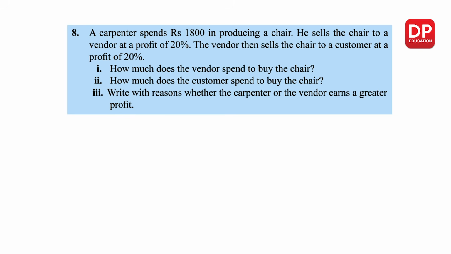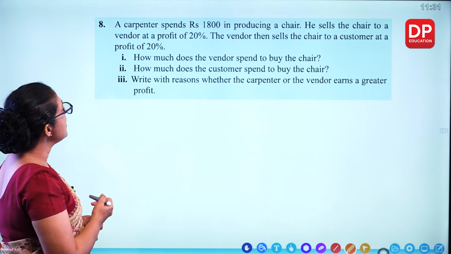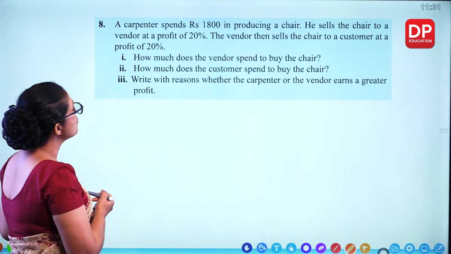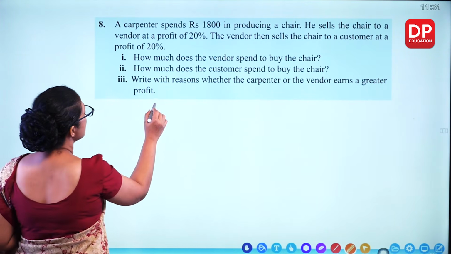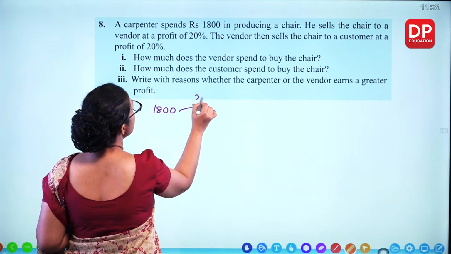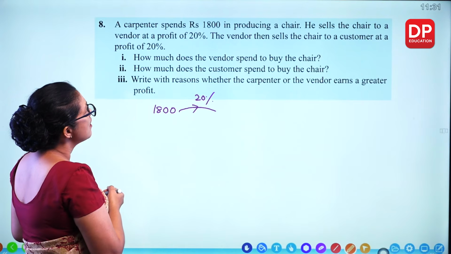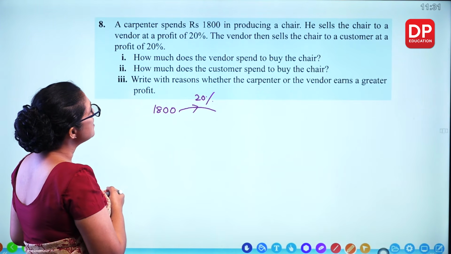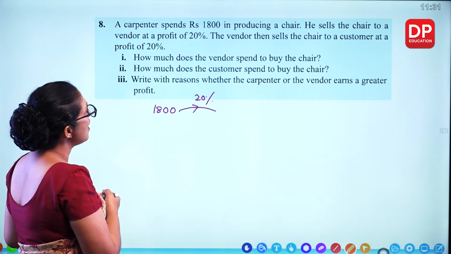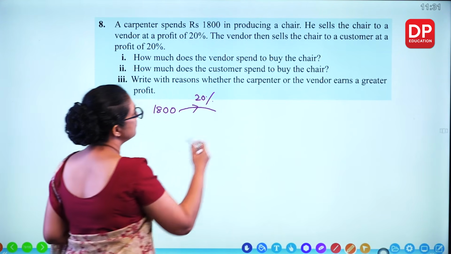Question number 8. A carpenter spends 1,800 in producing a chair. He sells the chair to a vendor at a profit of 20%. The vendor then sells the chair to a customer at a profit of 20% again.